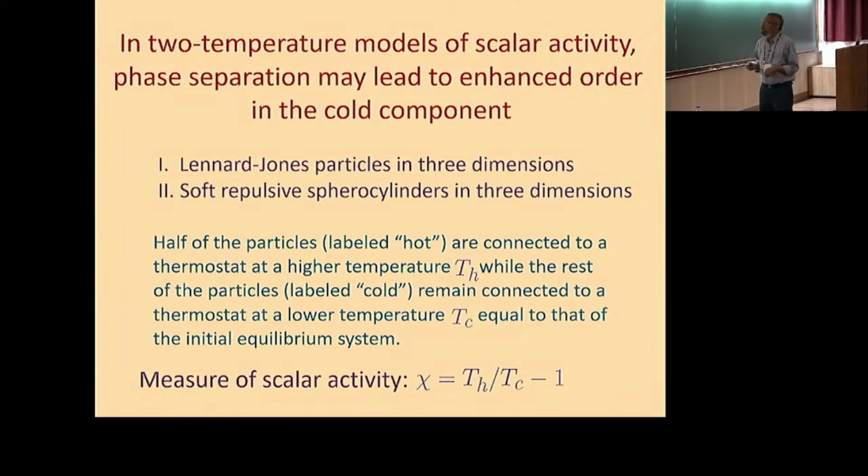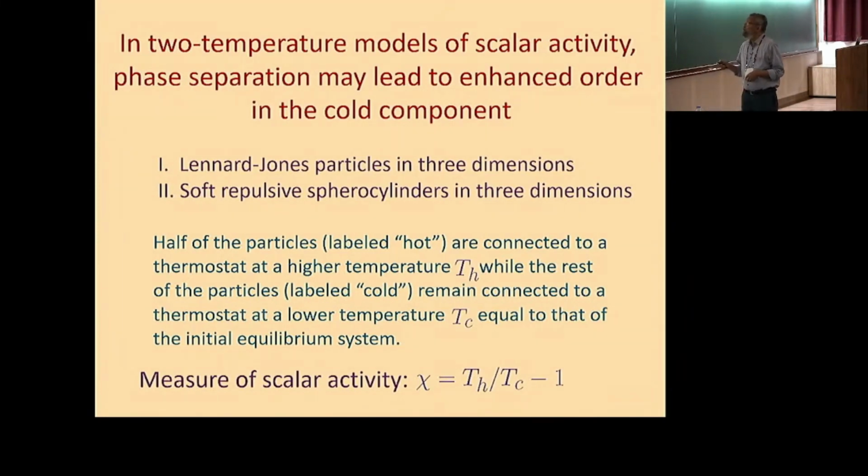The general protocol that we use in these simulations, done by the couple of people I mentioned at the very beginning, is that we first take the particles and equilibrate them at some temperature, which we call Tc. Then half of the particles are put in contact with a thermostat at a higher temperature, TH.